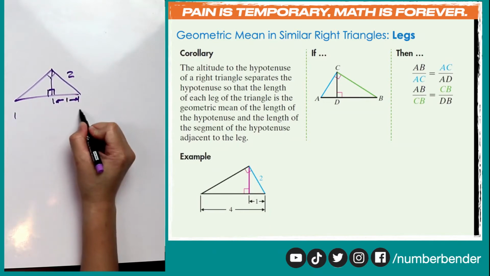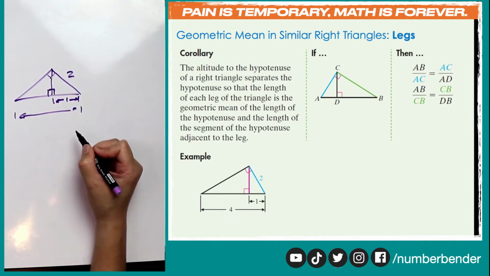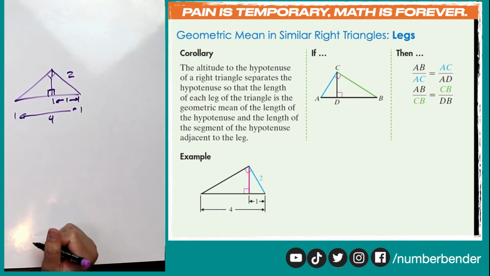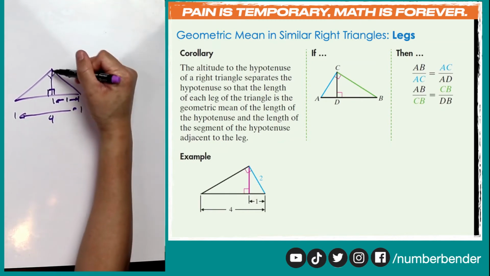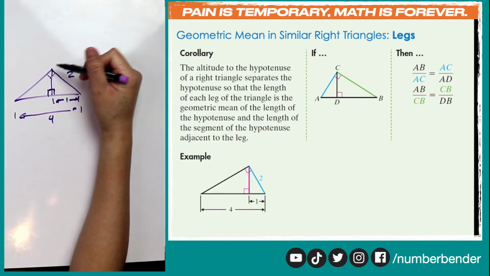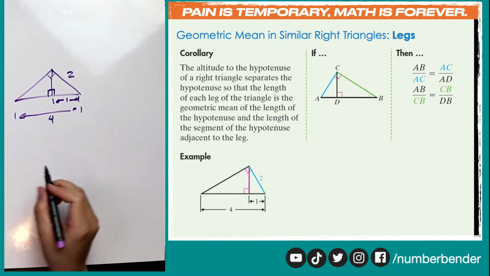And we are also given the measurement of the main hypotenuse, which is equal to 4. So when the height or this line segment is not given, we can use corollary number 2, which gives us 2 proportions.